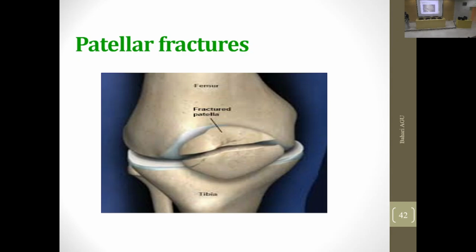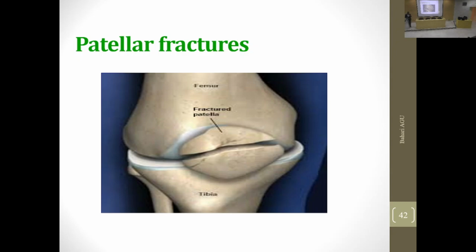And tension band wiring is actually not the name of an operation, it is a concept. The concept behind it is that we need to shift the tensile forces, from the pull of the quadriceps muscle and the patellar tendon, into compressive forces.